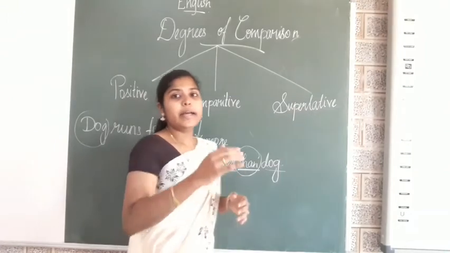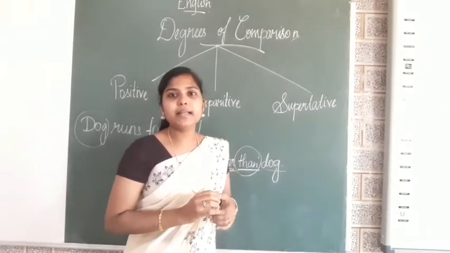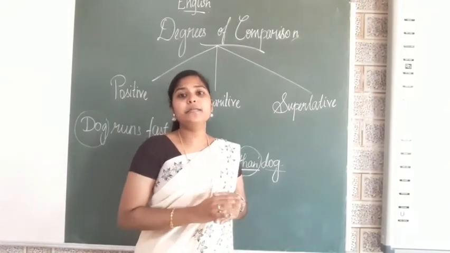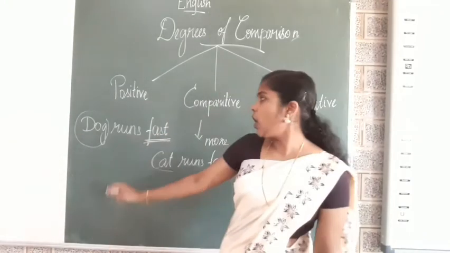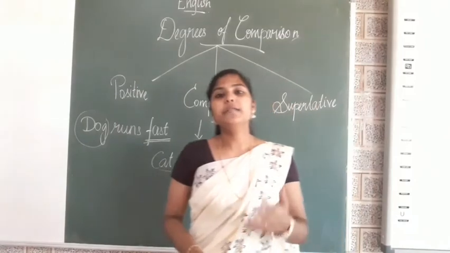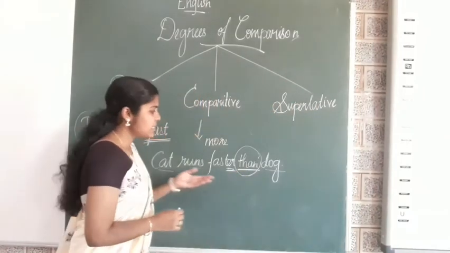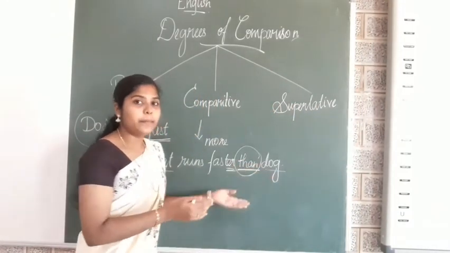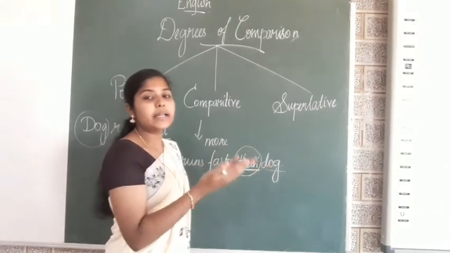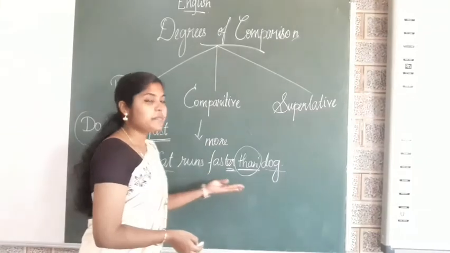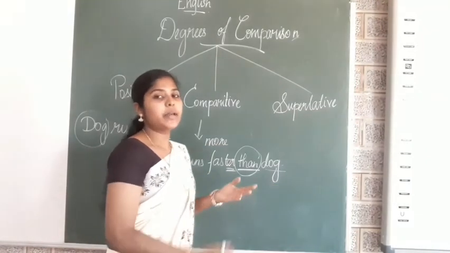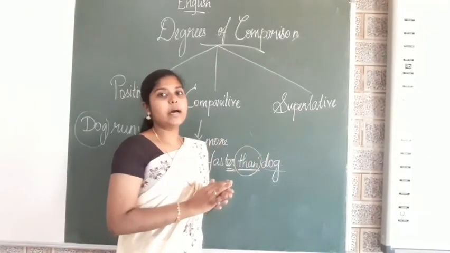Now, another person is saying that rabbit runs fast. So, at first I am saying dog runs fast. One of you is saying cat runs fast, and so we compare dog and cat, and finally we come to the conclusion that cat runs faster than dog. We are comparing two nouns.